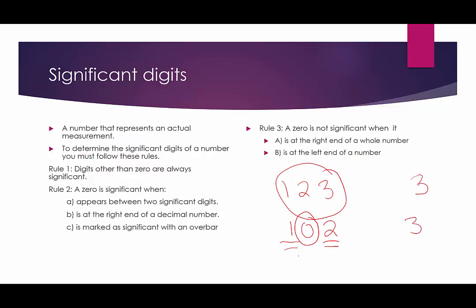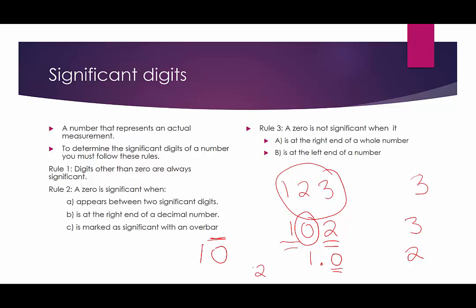At the right end of a decimal number, so 1.0. Because this is at the right end of the decimal number, this makes it significant, so that means there's 2. And then when it talks about an overbar, it means something like this. 1, 0, if it has an overbar over it, that makes this number significant. So this would be 2 significant digits.